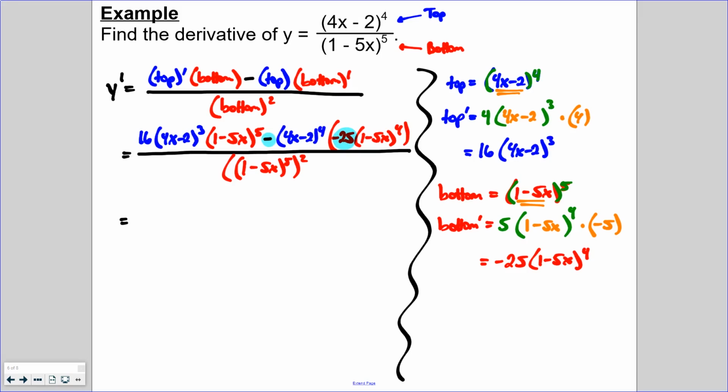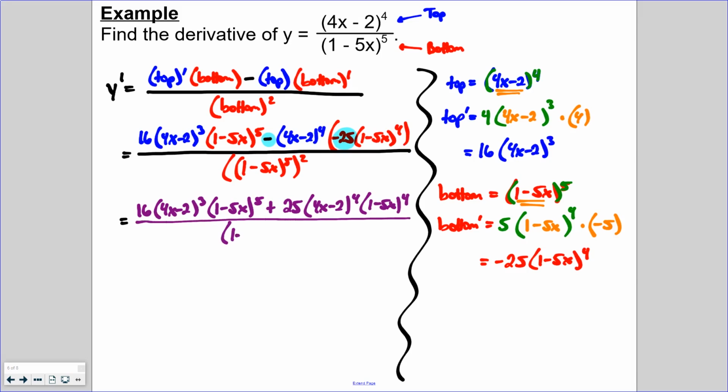I've got to write this all over again. 16 times 4x minus 2 cubed times 1 minus 5x to the 5th, plus 25 times 4x minus 2 to the 4th times 1 minus 5x to the 4th. And that's all going to be over, and let's see, 1 minus 5x to the 5th squared is going to be 1 minus 5x to the 10th, because the power of a power is multiplication.